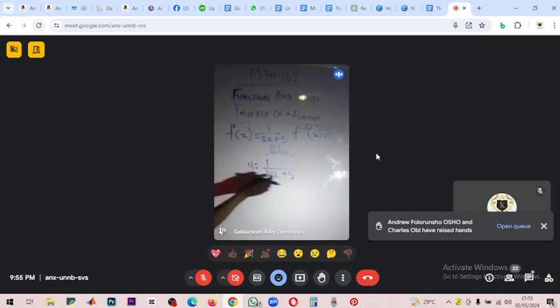It's a rule in finding the inverse of a function. Interchange there.